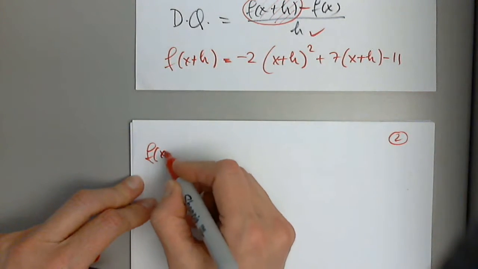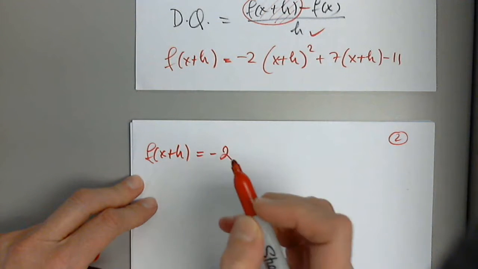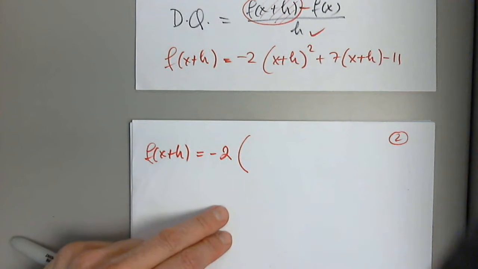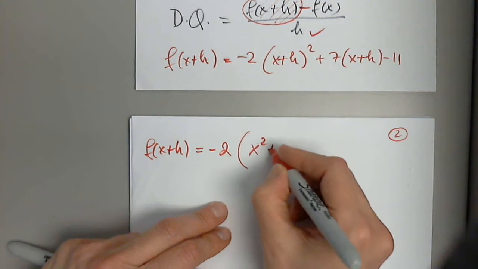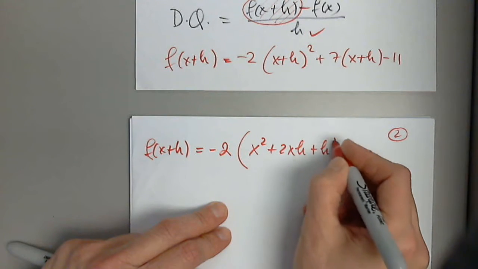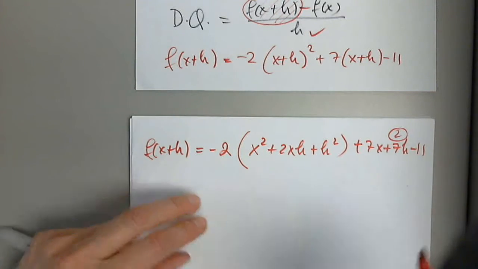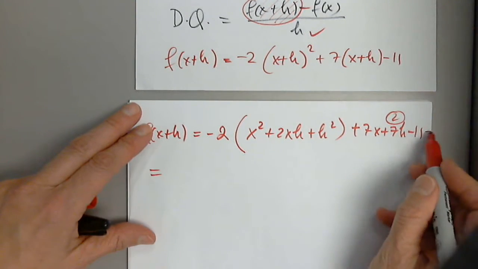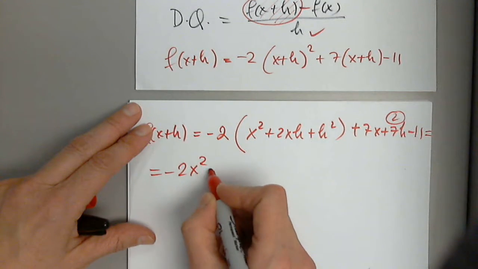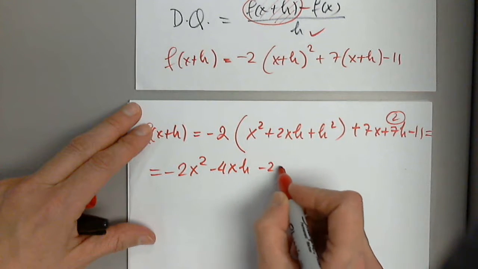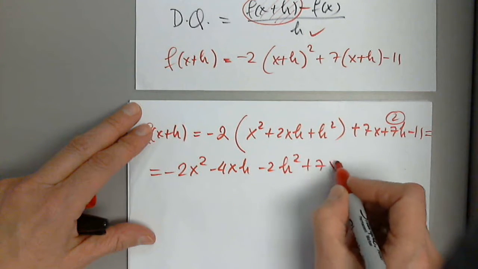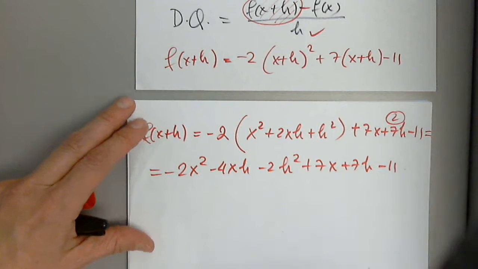So then f of x plus h equals -2, and then what do I get? Yes. Thank you very much. And now I can distribute. And I have -2x squared, -4xh minus 2h squared plus 7x plus 7h minus 11.